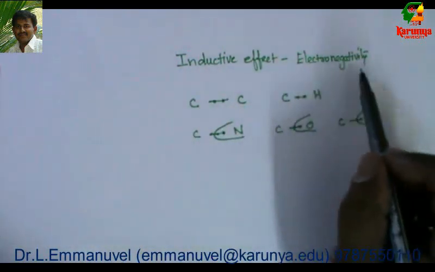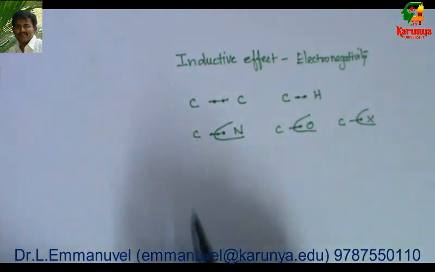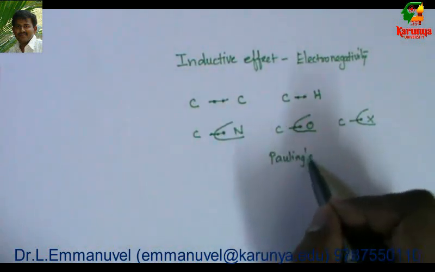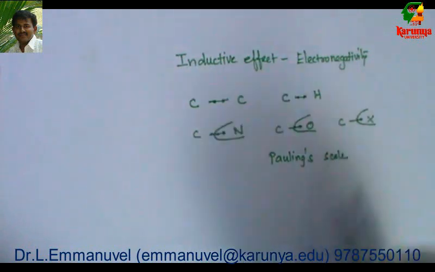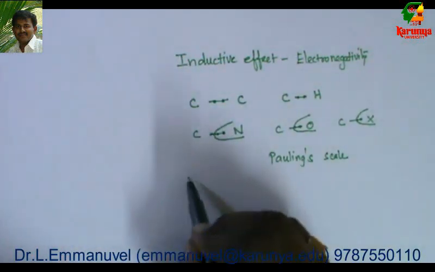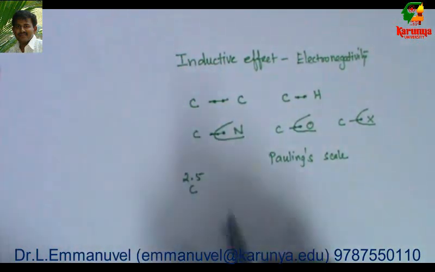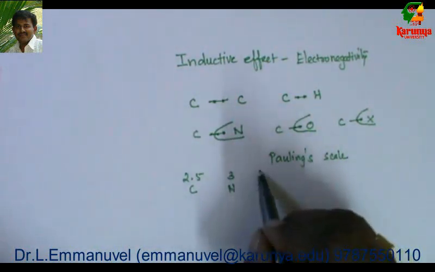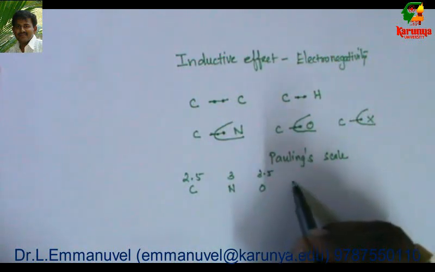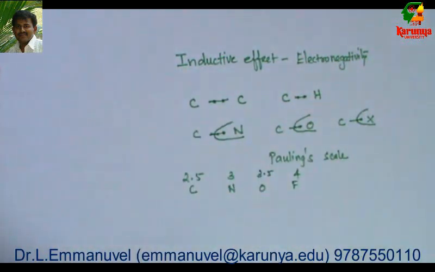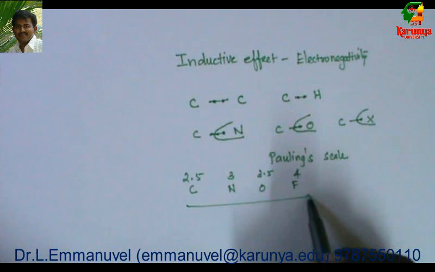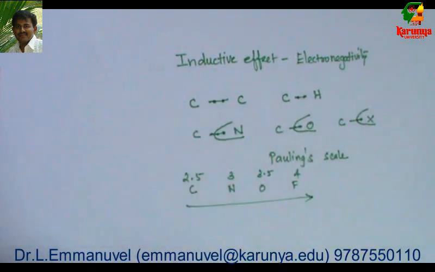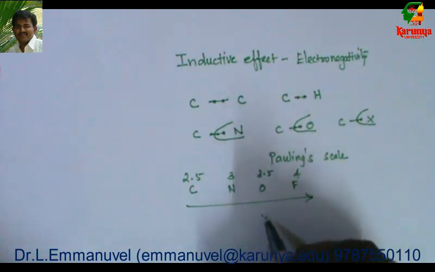Generally, electronegativity is measured on Pauling's scale. For carbon, it is around 2.5. Nitrogen around 3, oxygen 3.5 and fluorine 4. So in this period, when you go from carbon to fluorine, the electronegativity increases.